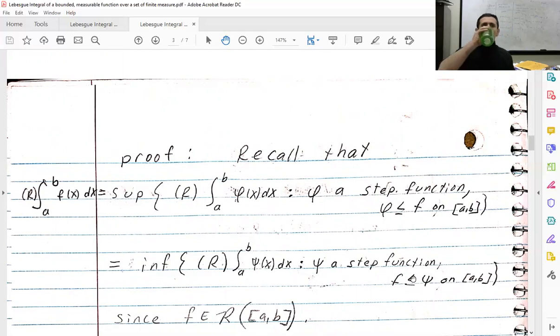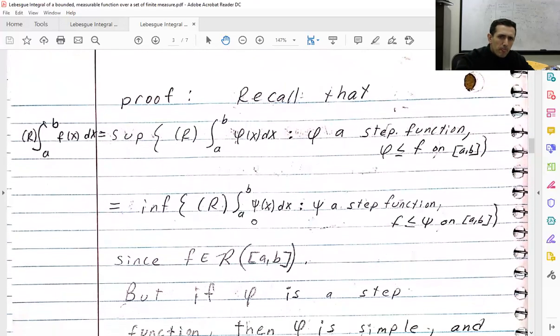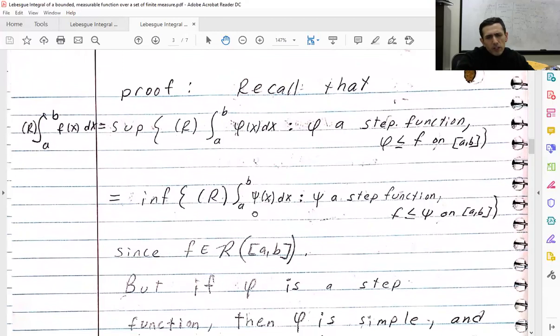Right? And this common number is the Riemann integral.